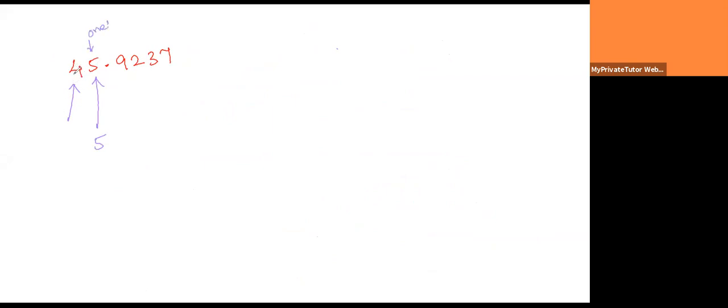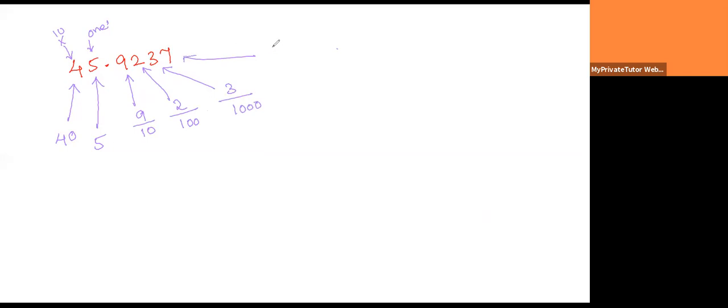So place value of 4 is 40 because 4 is at tens place. So you're going to multiply by 10. But what is the place value of 9? You're going to divide 9 by 10. What is the place value of 2? 2 by 100 because it is at hundreds place. This is 3 by 1000. These are the place values.